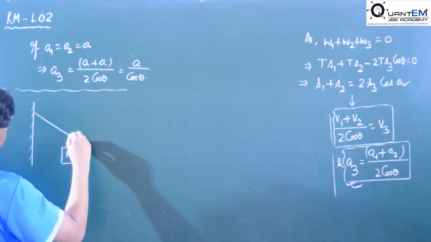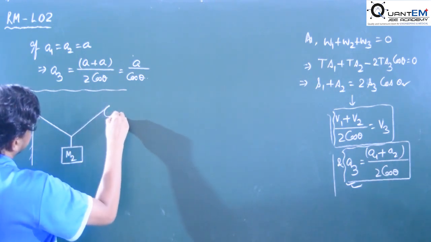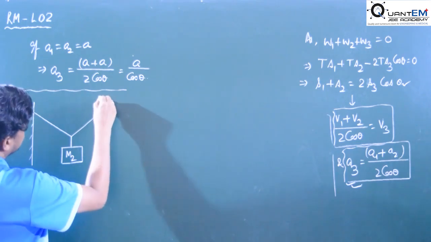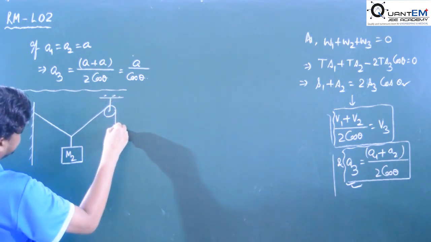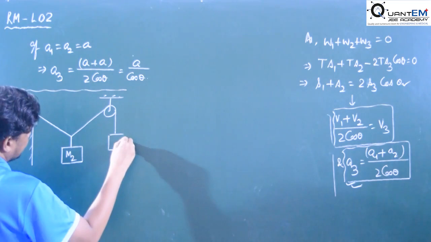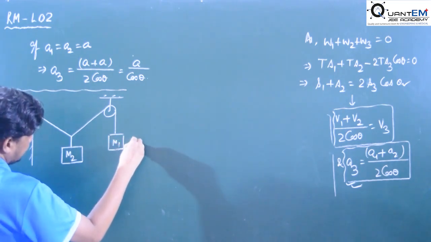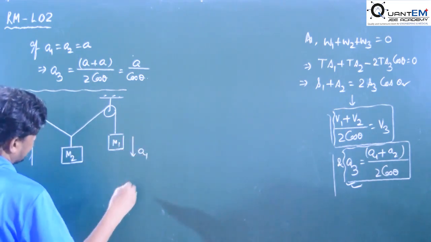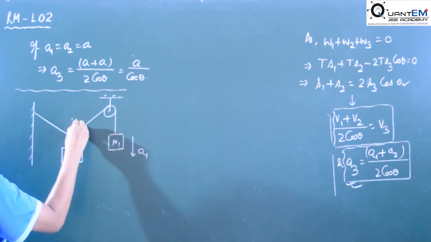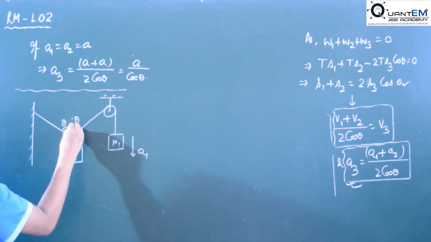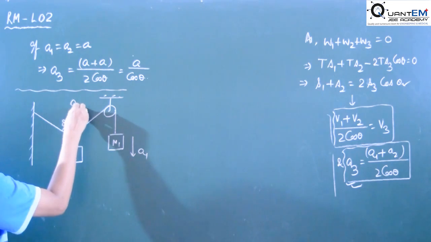Okay, now the question is like this. This mass is M2 and this mass we have what? M1. This mass is coming down with acceleration A1. This angle is theta and this mass has acceleration what? A2.